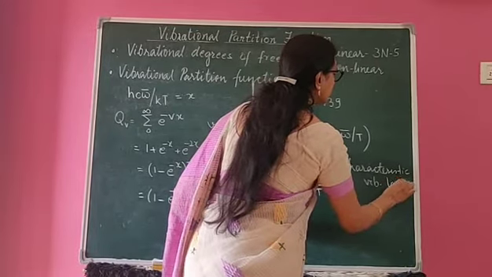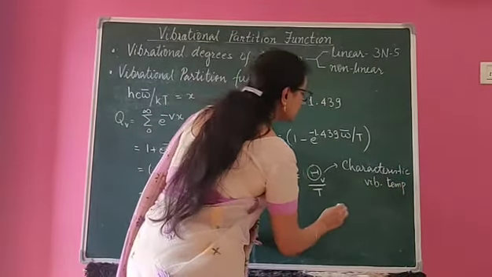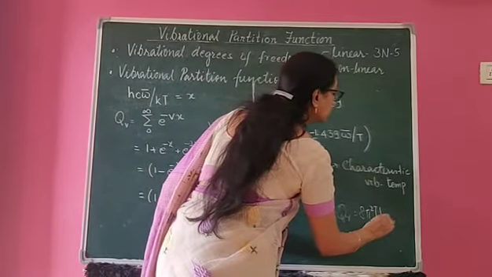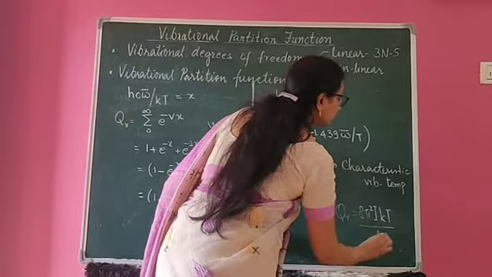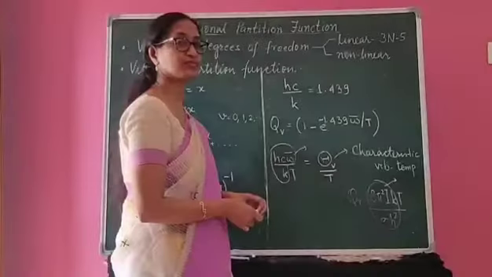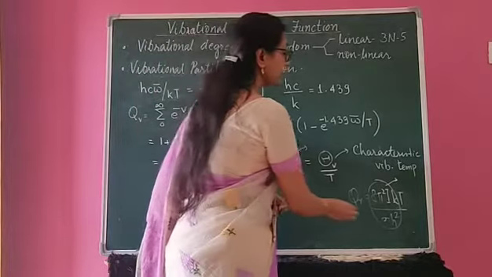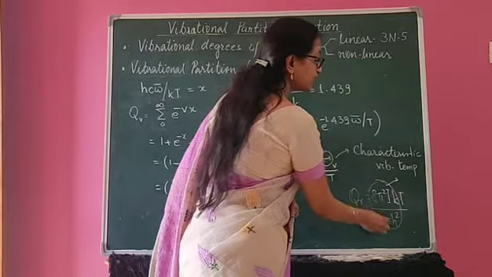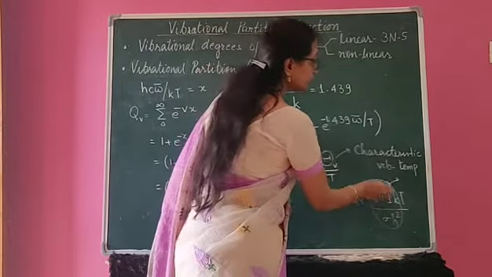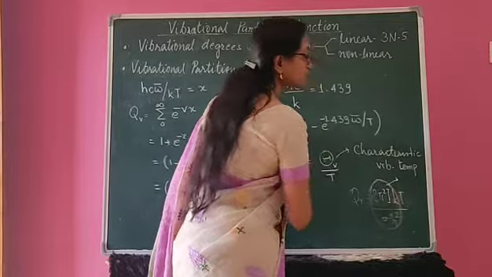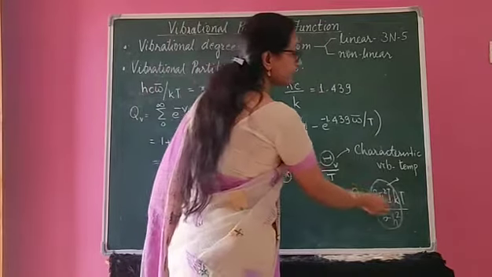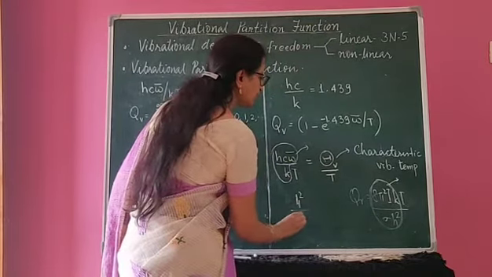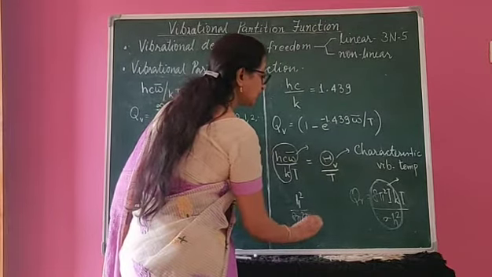In rotational also, Q_R is equal to 8 pi square I kT upon h square. In the rotational partition function, Q_R is equal to 8 pi square I kT divided by sigma h square. Here also this term has the dimension of temperature, that is h square upon 8 pi square I k.